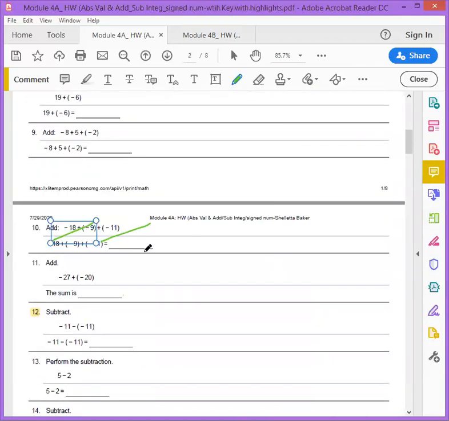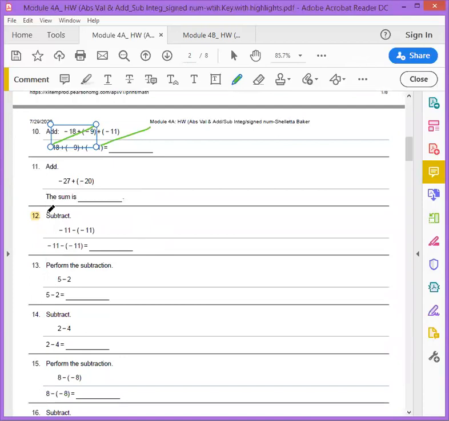All right, let's look at number 12. We're subtracting. We have -11. Now you see minus times minus. A negative times negative is positive. So that becomes -11 plus 11. So whenever you see a negative side by side with another negative symbol, that changes to positive.